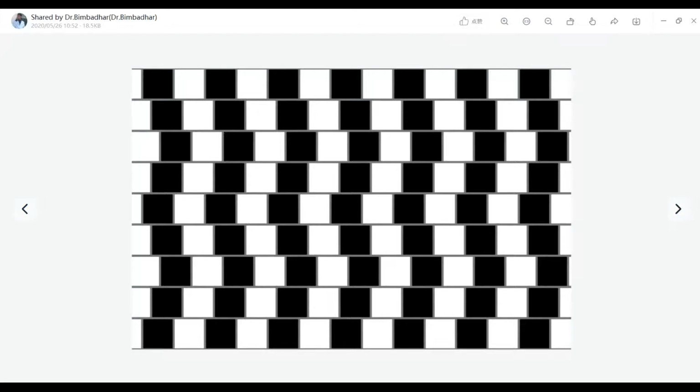They are obviously parallel, but it actually looks as if they are going tangentially, right? Do you know this illusion? I think this is a very famous illusion, right? This is called the cafe wall illusion.